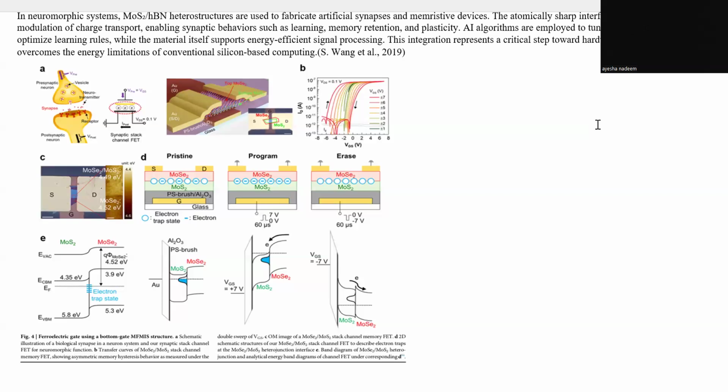And figure D shows the 2D schematic structures of our molybdenum diselenide or molybdenum disulfide stack channel FET to describe electron traps at the molybdenum diselenide or molybdenum disulfide heterojunction interface. And figure E shows the band diagram of the molybdenum diselenide or molybdenum disulfide heterojunction and analytical energy band diagrams of the channel FET under corresponding D.